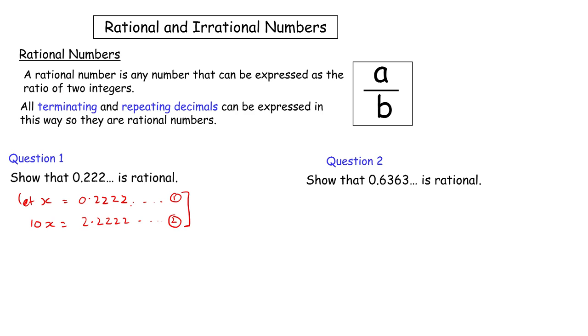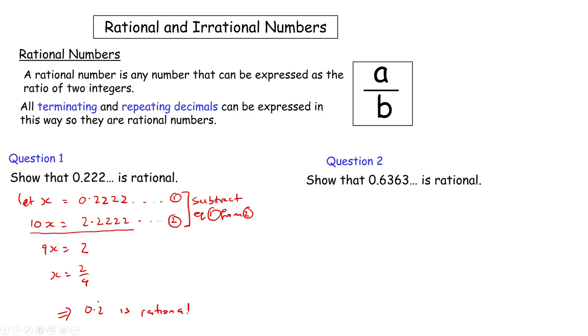To get rid of the decimals, I'm going to subtract equation 1 from 2, and that's going to give me 9x. Draw a line underneath it. 10 take away 1, 9x is equal to 2, so x is equal to 2 over 9, which implies then that 0.2 is rational.